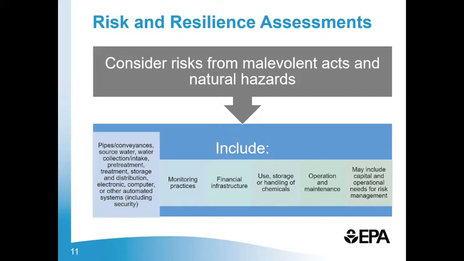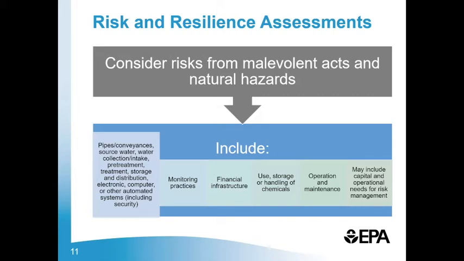That includes pipes, conveyances, source water, water collection, and those others that you see listed there in the first block. The first block doesn't explicitly say cybersecurity, but cybersecurity is included in that block. Then it goes on to cover monitoring practices such as your sampling and analysis plans, financial infrastructure such as your billing, use, storage, or handling of chemicals, and we're focused on the operation of how you're handling your chemicals, who has access to those facilities.